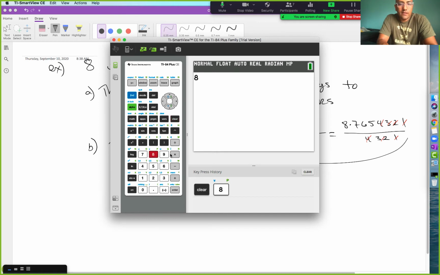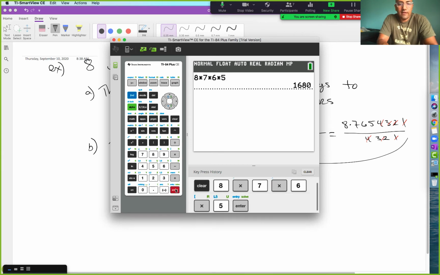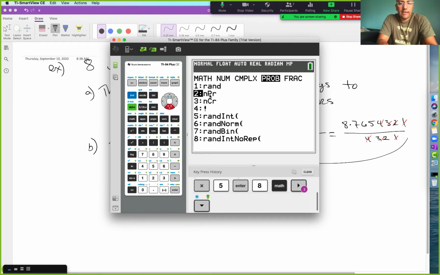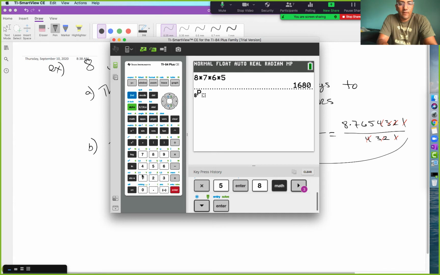But okay, so 8 times 7 times 6 times 5 is equal to that. Or I can hit 8, math, go over to where it says probability, and then go down to where it says nPr, permutations of n choose r. And we're going to choose 4 of them. Enter. So we get the same answer, right? So it makes it a little easier. So there are 1,680 ways to choose 4 out of the 8 markers when the order matters.